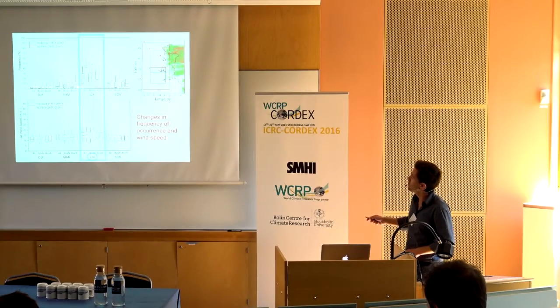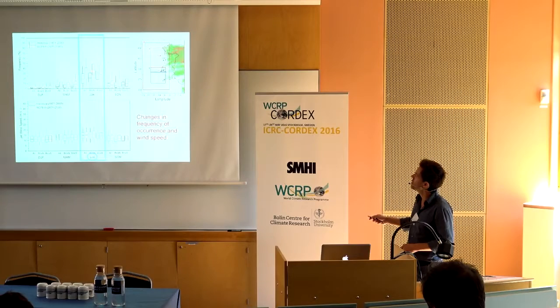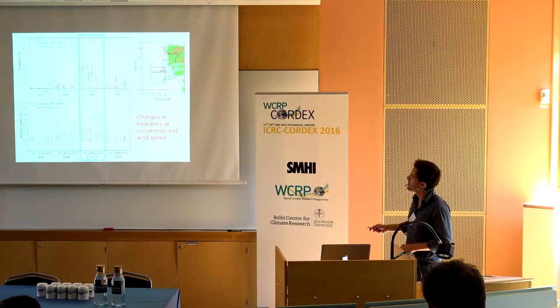I'm only focusing on summer now, but in the intermediate season we see a bit the same. The frequency of occurrence is increasing for the full area. This increase is much higher for the north box than for the south box. Concerning the wind speeds, we see some increases in the north, but a small decrease in the south.